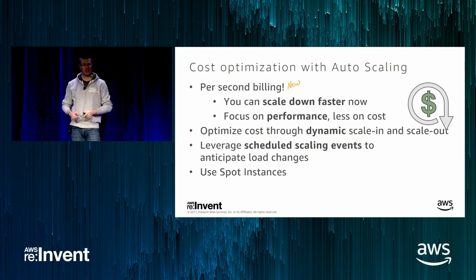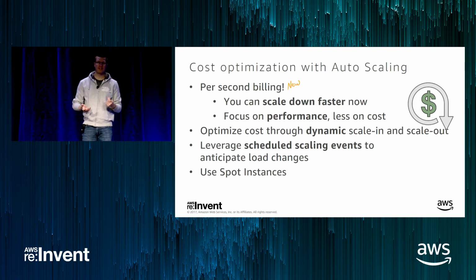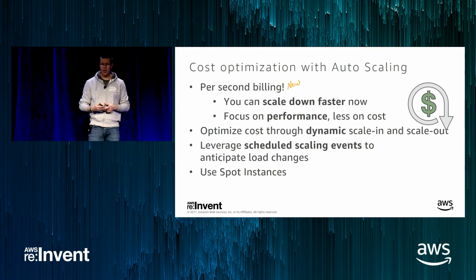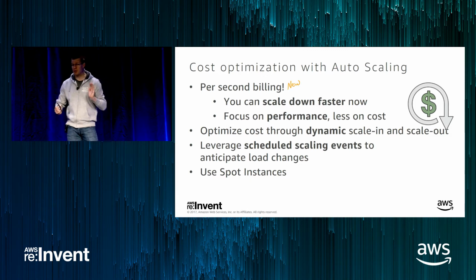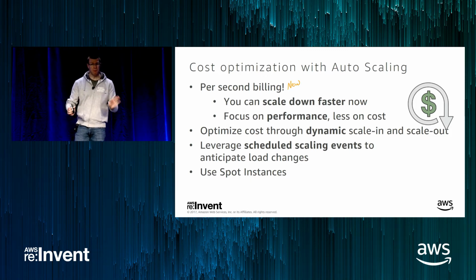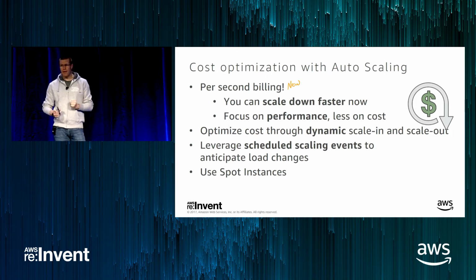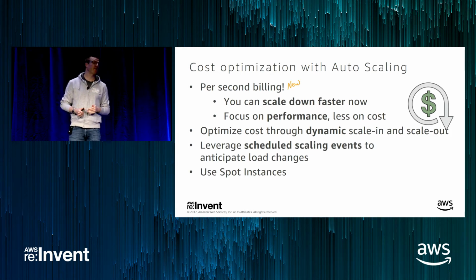You also can leverage scheduled scaling events. So if you know something like Konstantin just said, the developer instances, if you have developers that work on weekends, awesome. If not, then you might want to leverage scheduled scaling events.